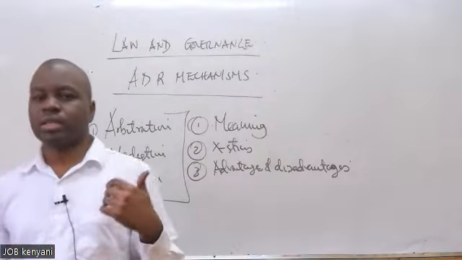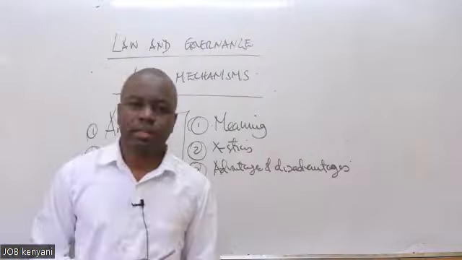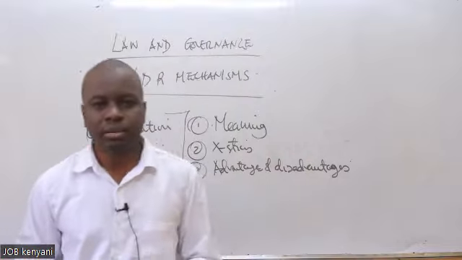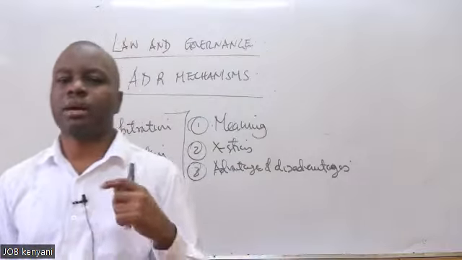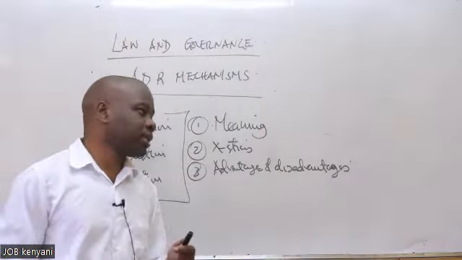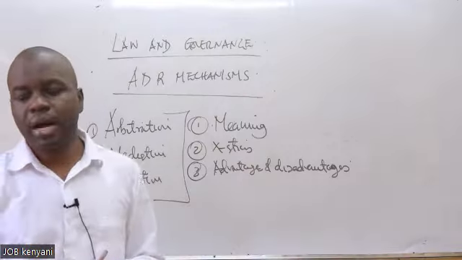Then it can also lead to what we call bad publicity. If it is out there in the public that someone is before an arbitration or before a mediator, it can lead to bad publicity.